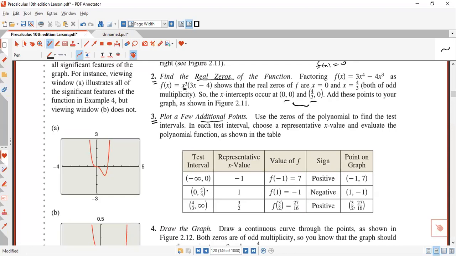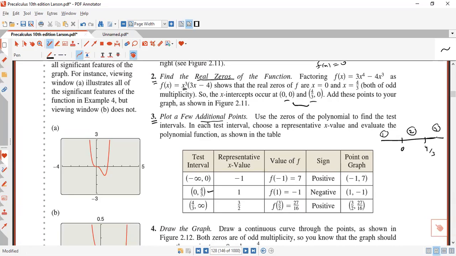For example, I have written here 0 comma 4 over 3. If you plot these two x-intercepts, 0 and 4 over 3, on this real line, you may see that we have divided the whole real line into three intervals. This is the first interval, second interval, third interval.